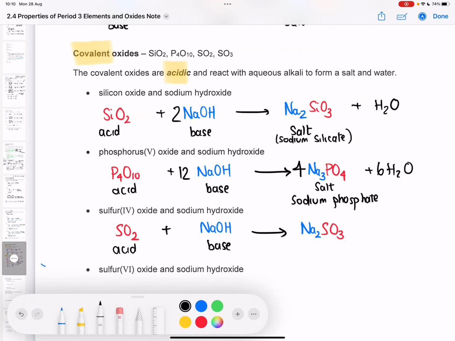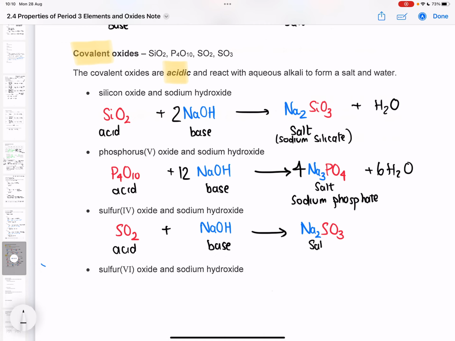So that's our salt. So that would be called sodium sulfate. We do need that Roman numeral because there's 2 types of sulfate. So 4, and put H2O. Just check your balancing. We need to put a 2 in front of sodium hydroxide. And that gives, if everything else is balanced.